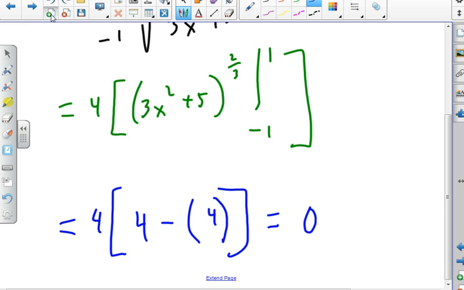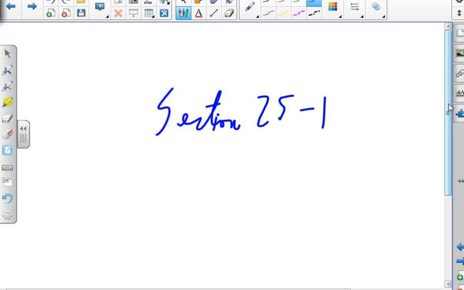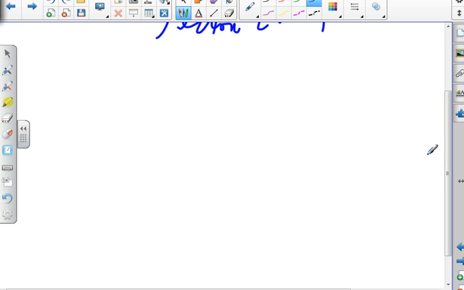All right, we're now in section 25.1. But it would have been nice if our calculator would have given us that answer. Area between two curves. All right, so if I have two curves, I can find the area between the curves.